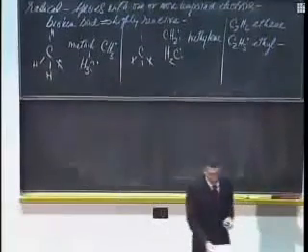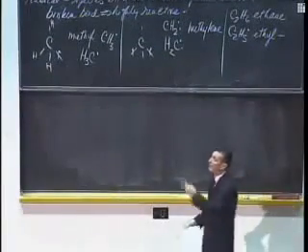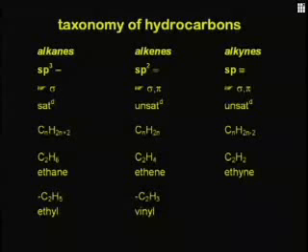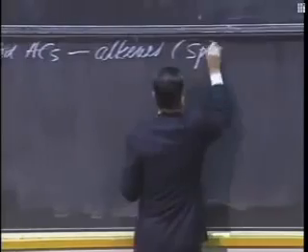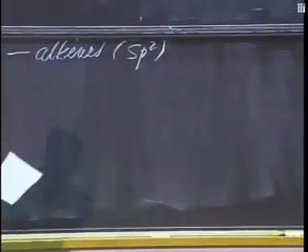So now let's go back and look at the next column. That's the alkenes. So now we're going to look at unsaturated hydrocarbons. And the first example is the alkenes. And these are characterized by sp2 hybridization.